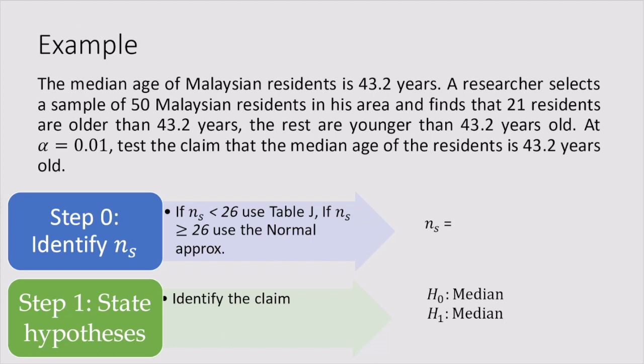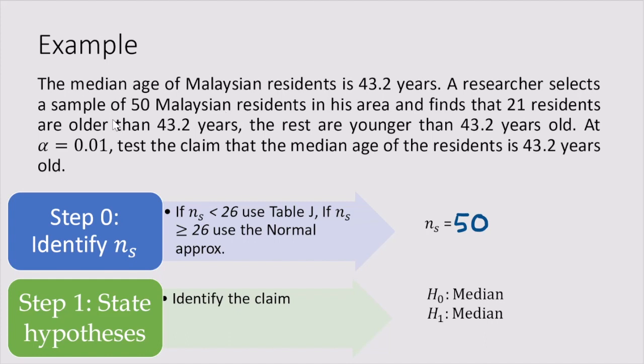Now let's look at another example. The median age of Malaysian residents is 43.2 years. A researcher selects a sample of 50 Malaysian residents. So the sample size would be 50 over here, where n is equal to 50.